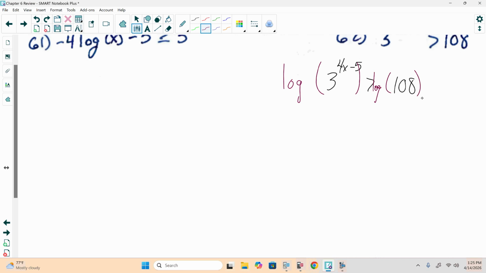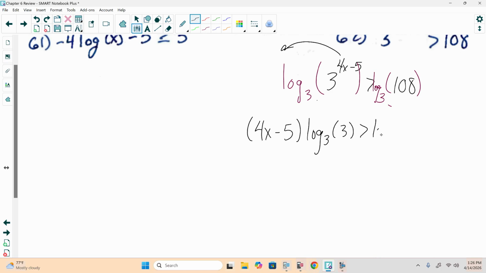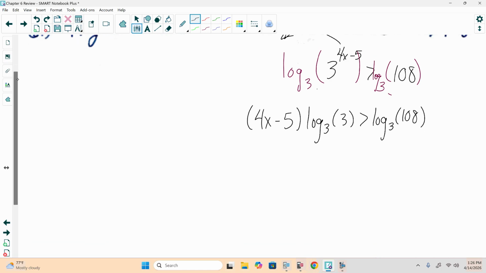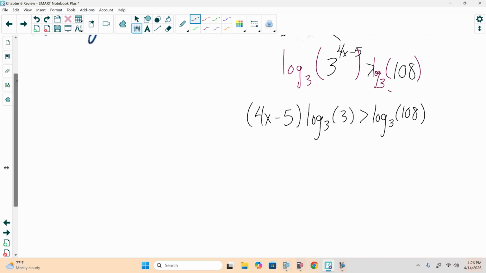Specifically, log base what? 3. And the reason we do that is so that we can get the variable out of the exponent. Because I can move that 4x minus 5 to the front, telling me that I have 4x minus 5 times log base 3 of 3 is greater than log base 3 of 108.